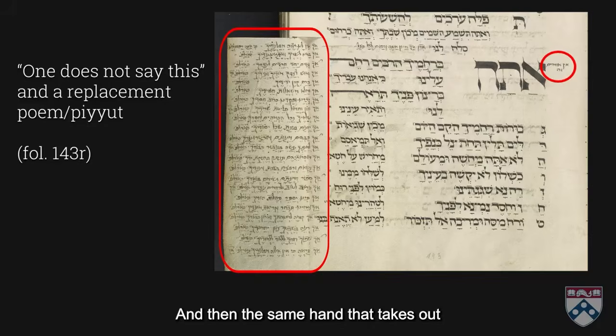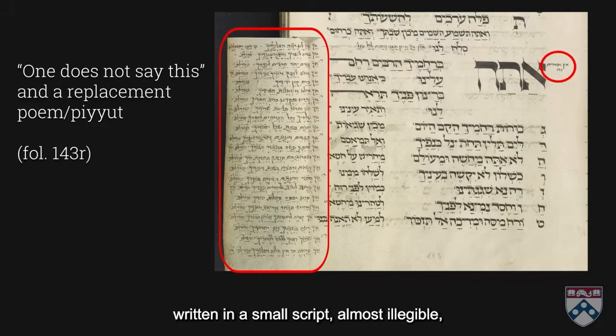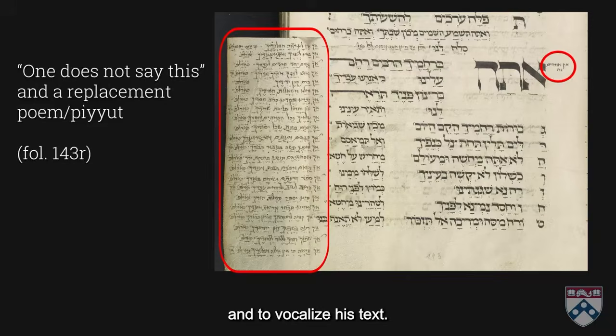And then the same hand that takes out one piyut from the liturgy adds another piyut, carefully written in a small script, almost illegible if you're not very close to the text. And in order to fit it onto the margin, he actually has to abbreviate the refrain. But he assumes that this is necessary to have it in the same manuscript, and he takes care to write small enough to get everything onto the same page and to vocalize his text.